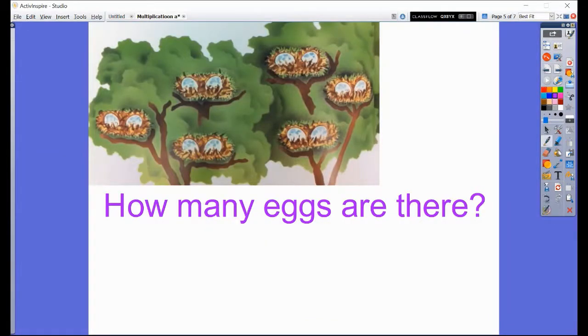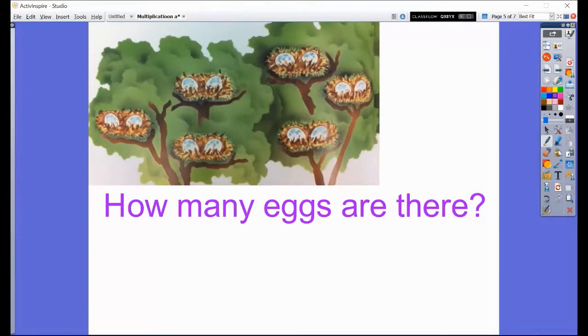Now we're going to look at how many eggs are there. For this problem, we are going to take it a step further than we have with the other problems, and we are going to actually work to solve it. The couple of problems we've been doing, we've just been figuring out what the pictures are representing, and now we're going to take it a step further.